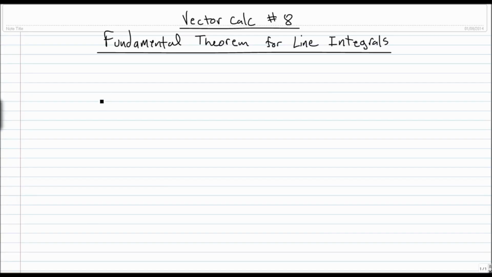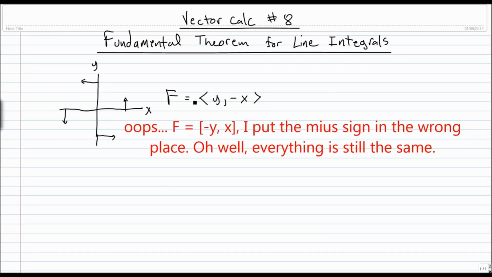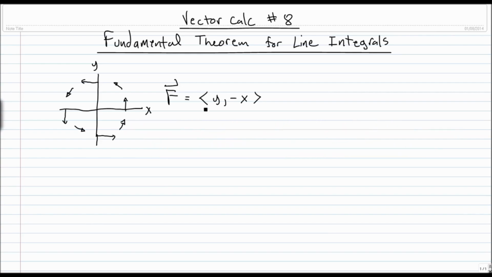First I want to note that not all vector fields are gradients of some other function. If you have a vector field where everywhere in the plane our vectors circulate like this, what would it mean for this to be a gradient of some other function?